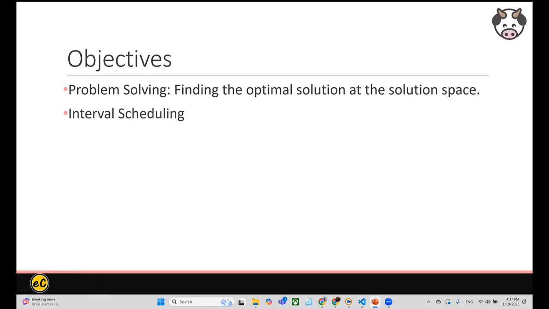So in complete search, we search for the optimal solution in the solution space. In a greedy algorithm, we do not actually search the whole solution space. Instead, we assume that we are greedy on local optima, and then you can solve the problem. If they ask for the maximum solution, we try to get the maximum at the local part, the small subproblem.